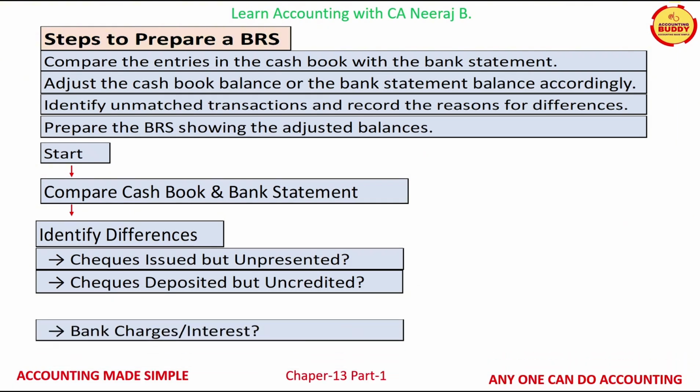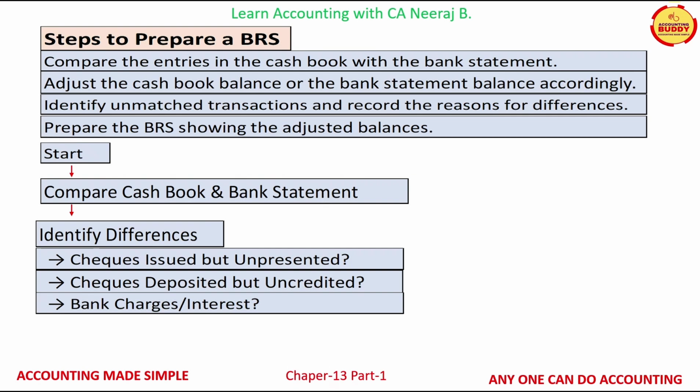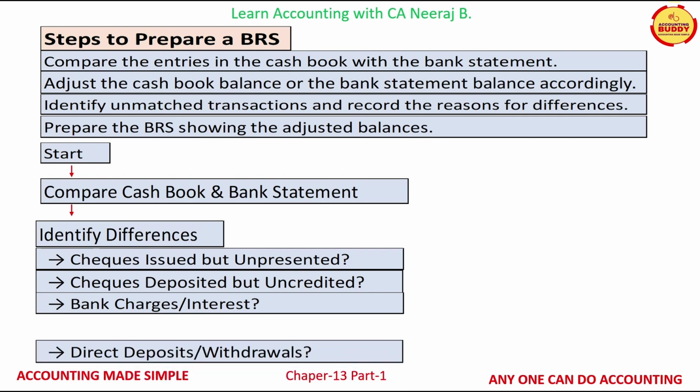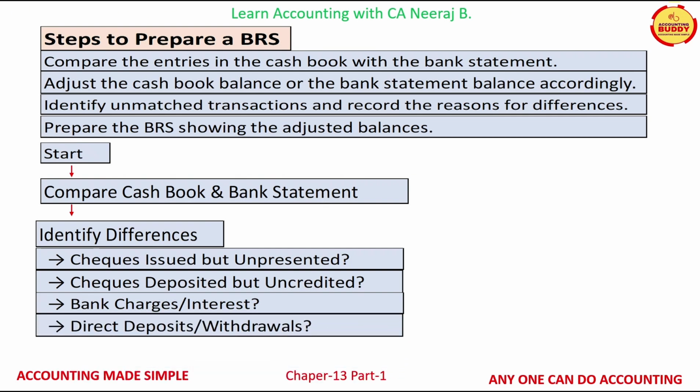Other reasons are bank charges and the bank interest charged by the bank, direct deposits and withdrawals, errors in cash book and bank statement. All these reasons of difference will be discussed in detail in subsequent slides.